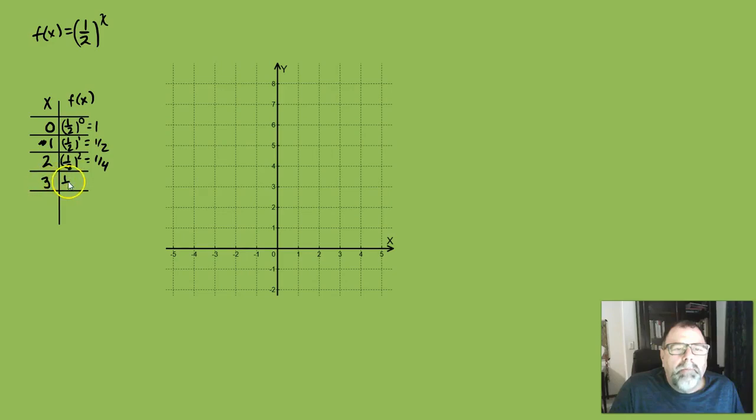1/2 cubed is 1/8. And then if we do negative 1, now remember, there's two ways to think of negative 1 exponent. 1/2 to the negative 1. You can think of it as 1 over, or you can think of it as reciprocal. So the reciprocal of 1/2 is 2.